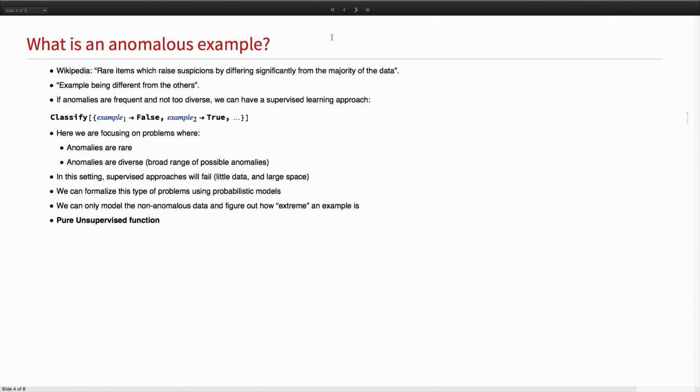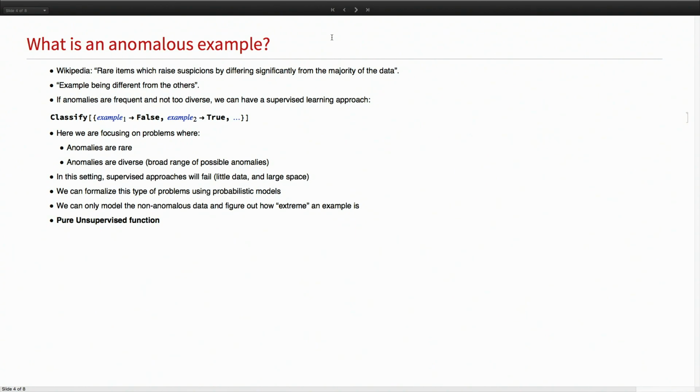First, let me tell you that if anomalies are not too diverse and you have a lot of anomalies, you can have a supervised learning approach. If you have data with labels that say whether they are anomalies or not, you can use Classify for that. But here, for FindAnomalies and related functions, we're focusing on a problem where you don't have that many anomalies.